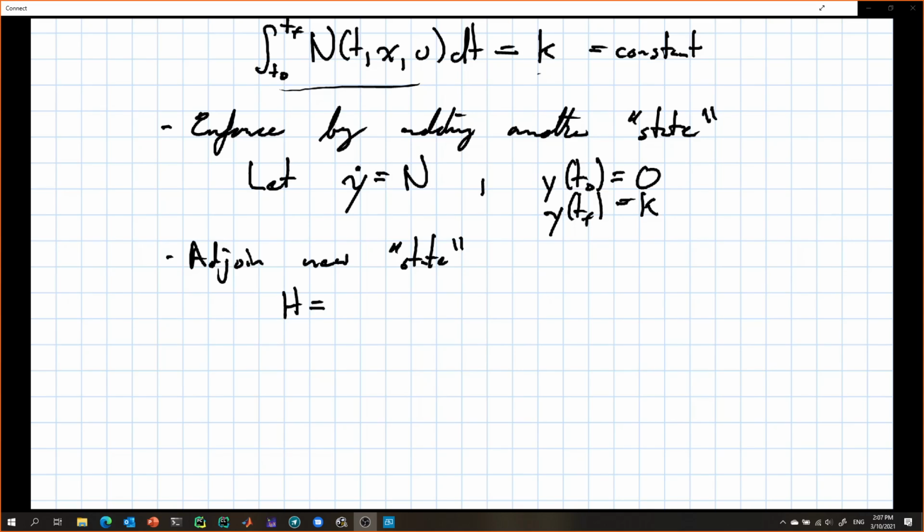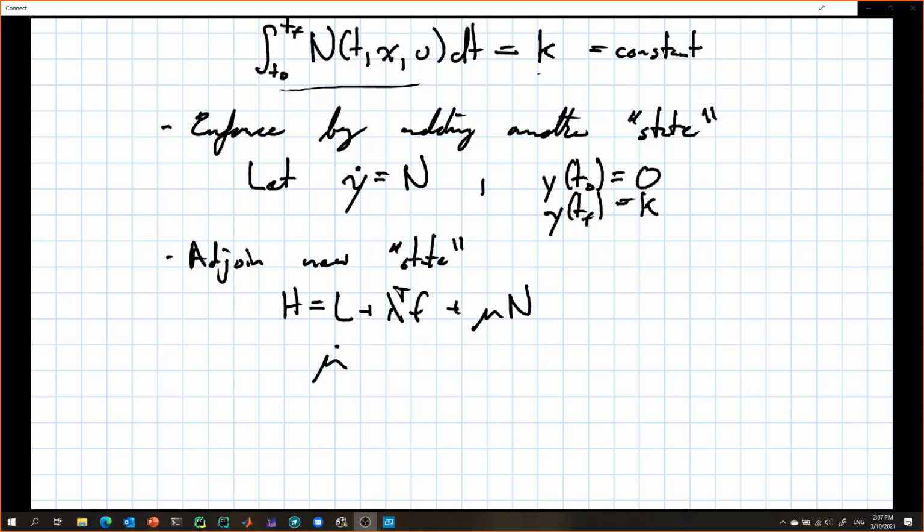So we have our Hamiltonian as before, with our co-states for the traditional states and some dynamics. And then we have this new Lagrange multiplier mu that adjoins this n, which in this case acts as dynamics just as f.